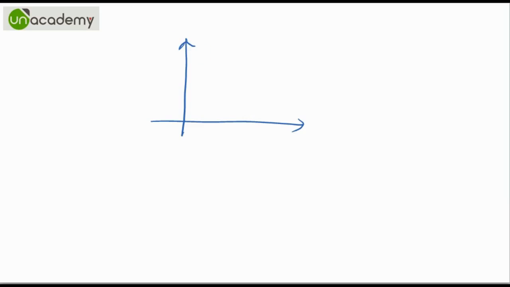This is the axis, this is the line that we want, this is xk, this is the point of concern y, this is yk plus 1, and this is yk, and this is xk plus 1.